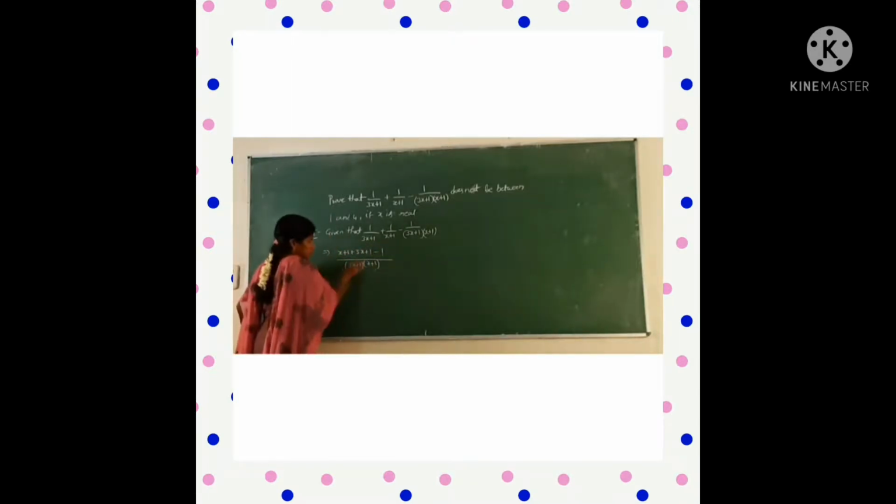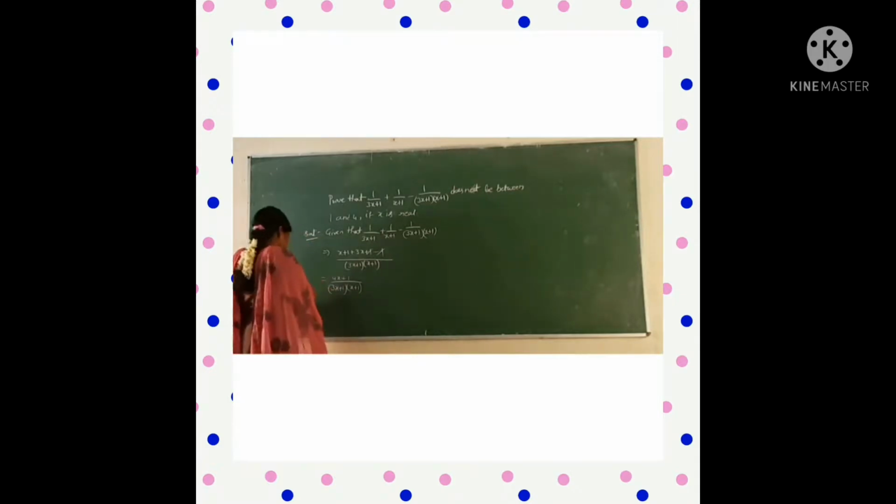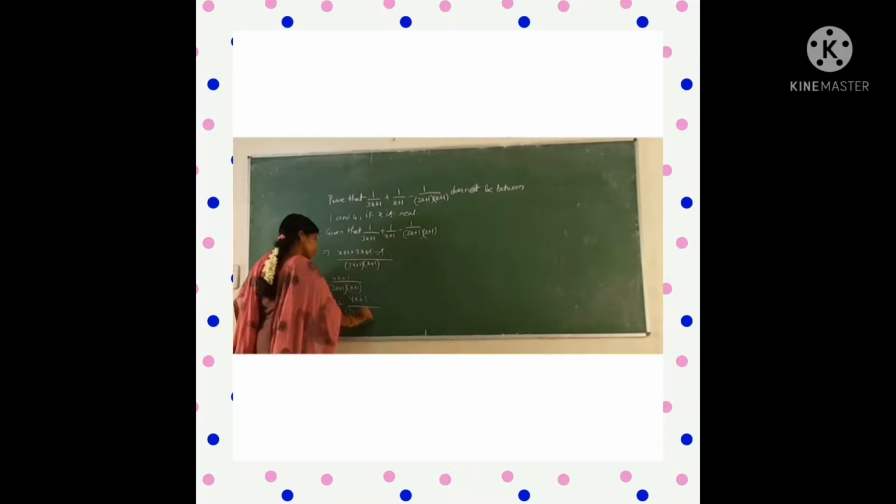That is equal to plus 1 minus 1 cancel, 3x plus x is 4x, plus 1, by 3x plus 1 into x plus 1. Okay, let y be equal to 4x plus 1 by 3x plus 1 into x plus 1.